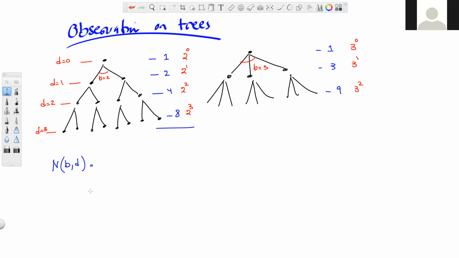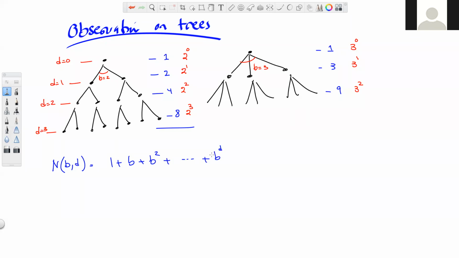So basically what's happening in this particular case is that if I really want to add these guys, then what I'm doing is I'm adding 1, which is b to the 0, and then I'm adding b, then b squared, and all the way to b to the d.